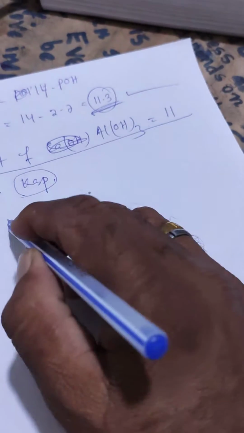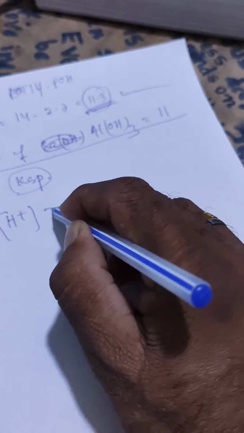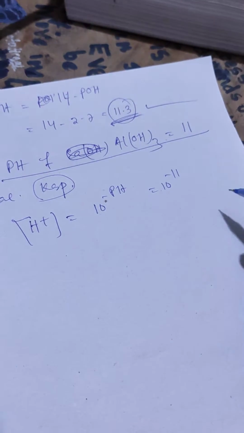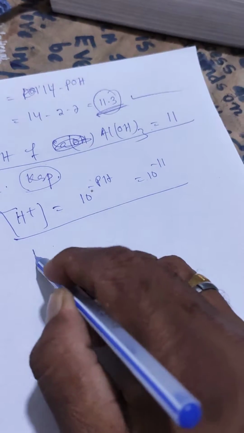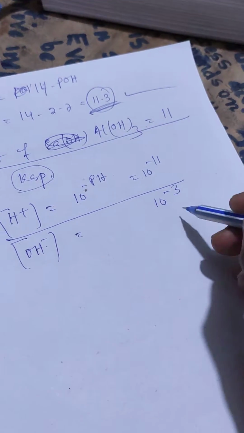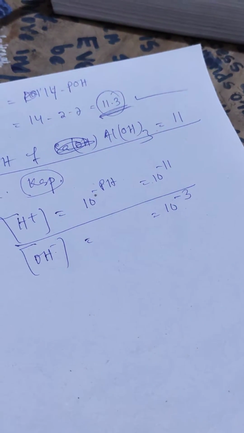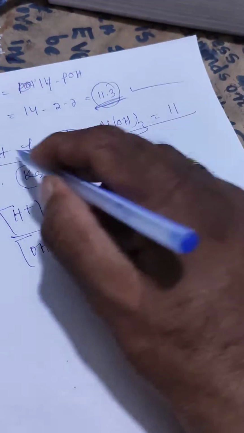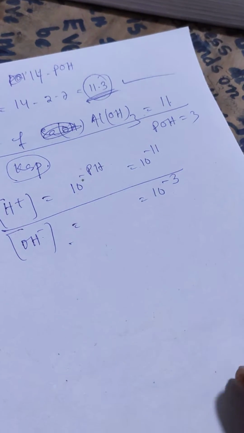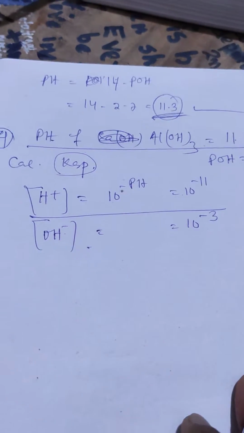So how to solve it? pH means the H plus concentration is equal to 10 to the power minus pH, so that is 10 to the power minus 11. And the OH minus concentration, obviously, will be 10 to the power minus 3. Or directly you can convert: pH is 11, the pOH is equal to 3, and the OH minus concentration is 10 to the power minus 3. Whichever way you can adopt.